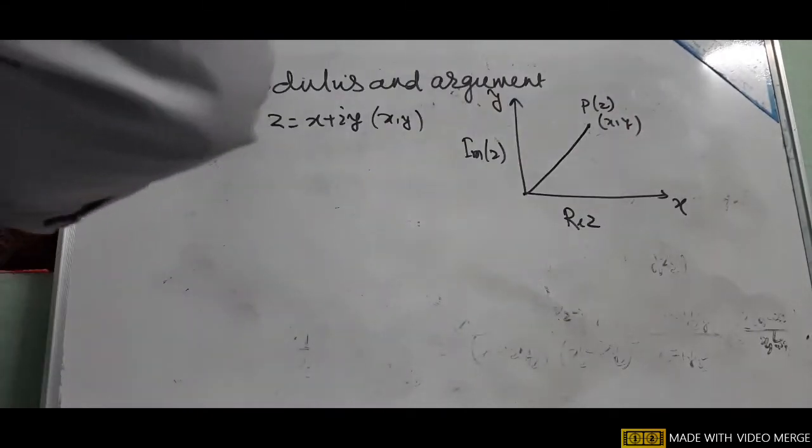Join it with the origin and draw the perpendicular to the x-axis. This angle is our theta, and the distance from the origin to this point is the radius vector r. So here x equals r cos theta and y equals r sin theta, right? So z equals x plus iy, putting x equal to r cos theta and y equal to r sin theta.